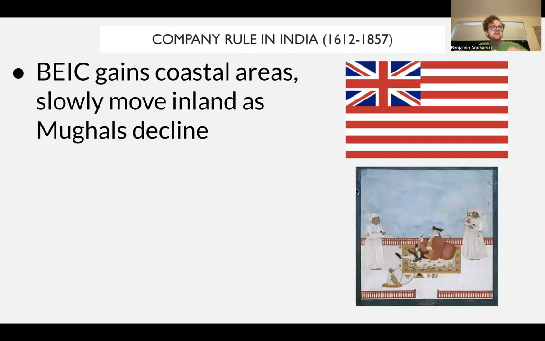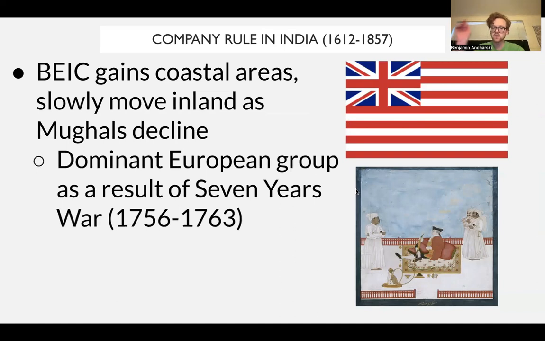As the Mughal Empire declines, inversely, we see the rise of the British East India Company. The British East India Company is going to emerge as the dominant European power and eventually the dominant political influence on the Indian subcontinent as a result of a few things. One of them is the 7 Years' War.